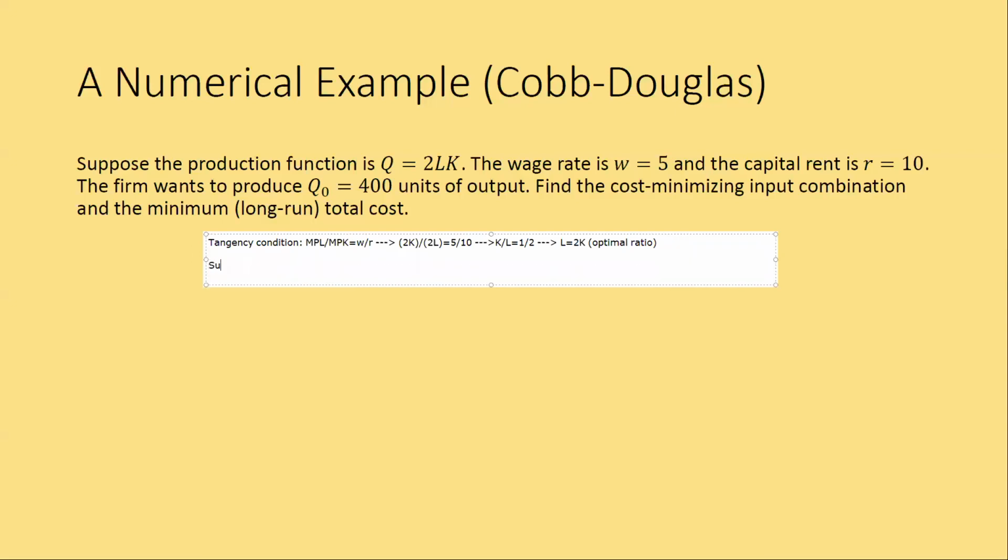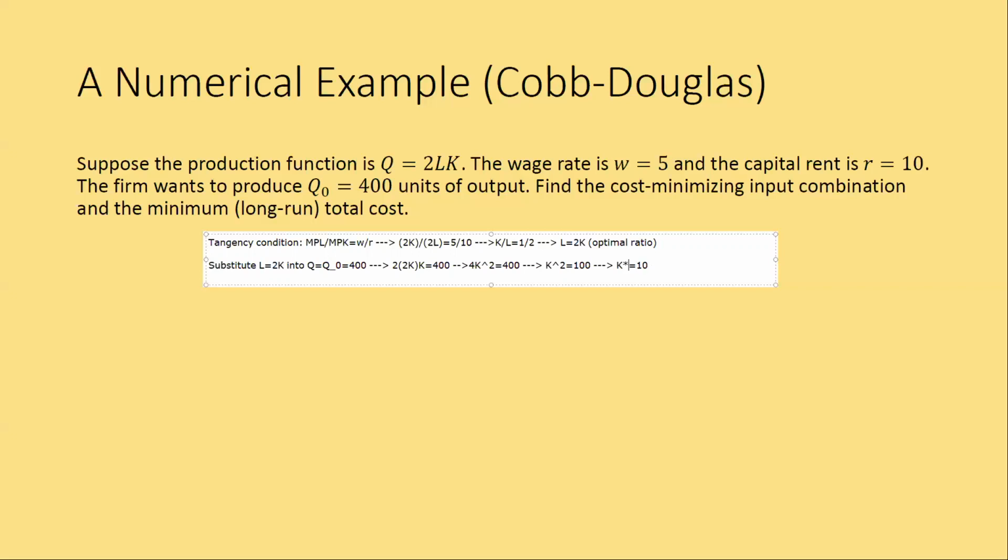So we substitute the optimal ratio into our isoquant, Q0 equals 400. We substitute L equals 2K into Q equals 400. This gives us 2 times 2K times K equals 400. So 4K squared equals 400, or K squared equals 100, or K equals 10.